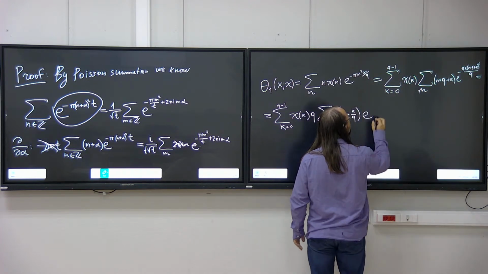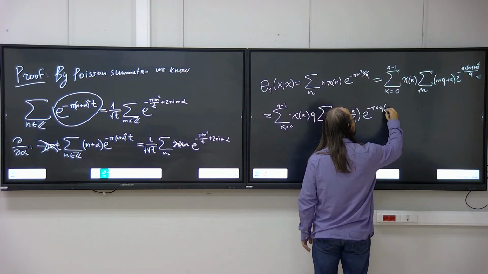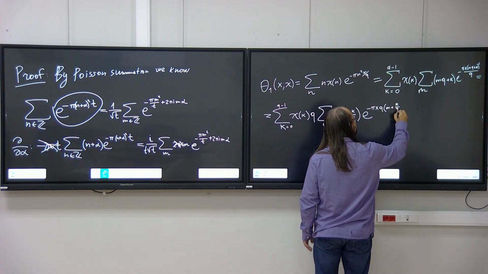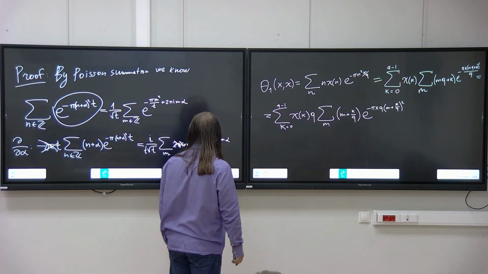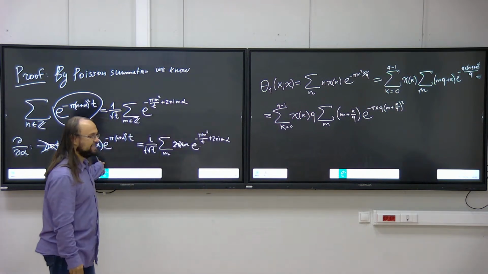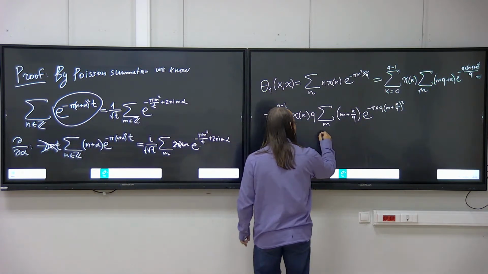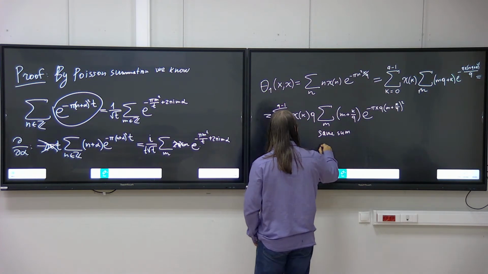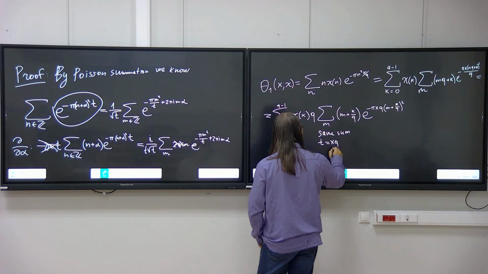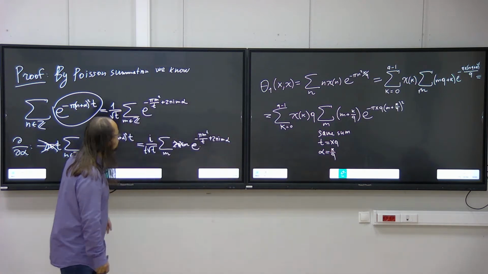Then you get e to the power minus pi xq multiplied by (m plus k over q) squared. Now this inner sum is very similar to what we get here, right? So this is the same sum, but your t is equal to xq, and your alpha is equal to k over q, right? Is it just completely the same?